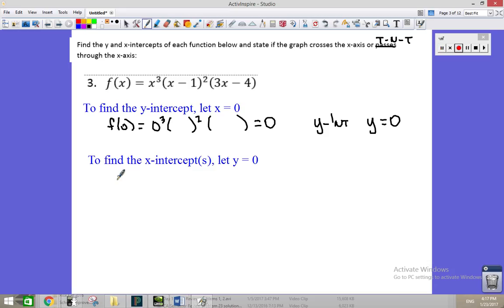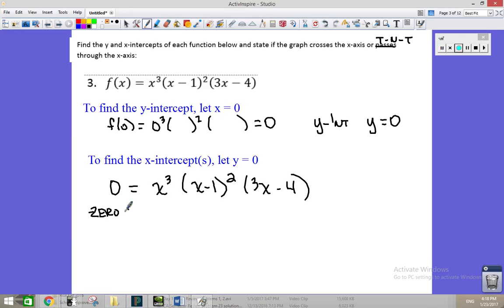Let's set the output of this function equal to 0, and let's factor this. X cubed, x minus 1 squared, 3x minus 4. So they factored it for us. And this time I'm going to present my x-intercepts, that are also called the zeros of the function, in a table.